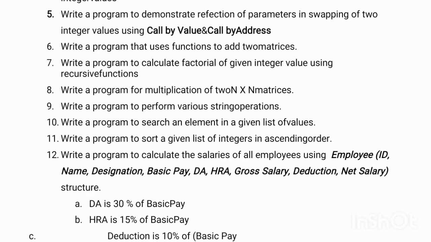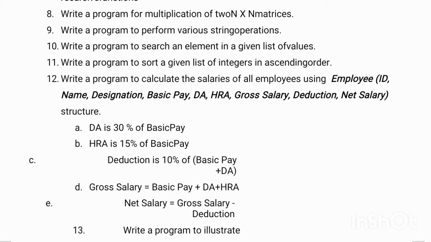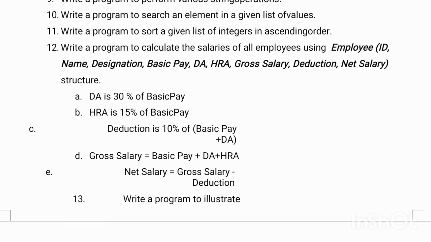Okay, so I hope it is clear. In this 12th program there are some hints: DA is 30% of basic pay and HRA is 50% of basic pay. Deduction is 10% of basic pay plus DA.